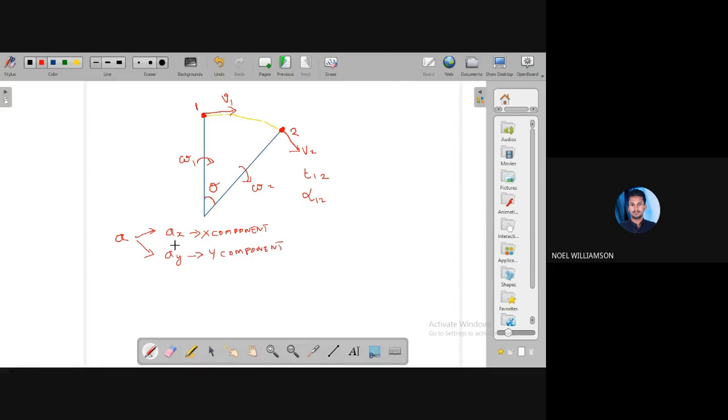Usually we resolve like this, but sometimes we resolve into two components, at, the tangential component, and an, the normal component.